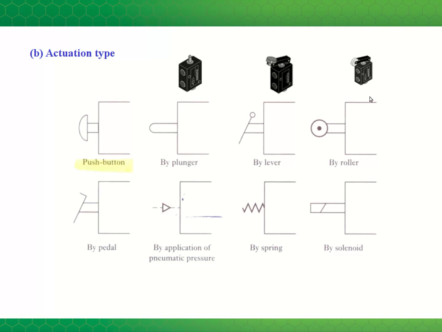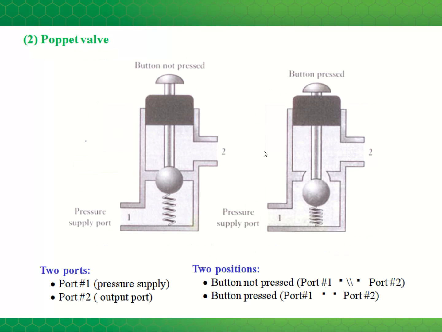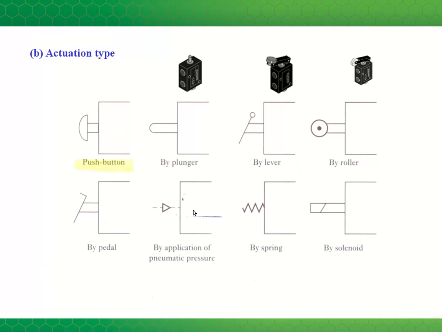Here's the symbol for a push button, like in the Poppet valve of the previous slide. Plunger, lever, roller, these are all mechanical actuators. There's also a pedal, and here's the symbol for application of pneumatic pressure. So just like a button can push a valve from one position to the next, like shown here, you can use pneumatic pressure to push a valve from one position to the next.